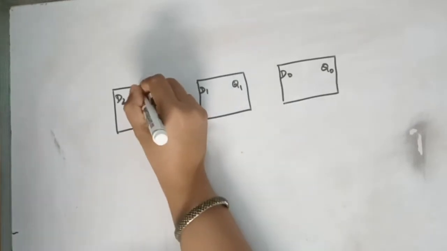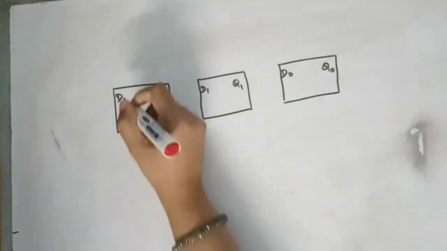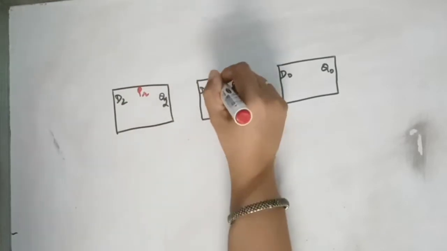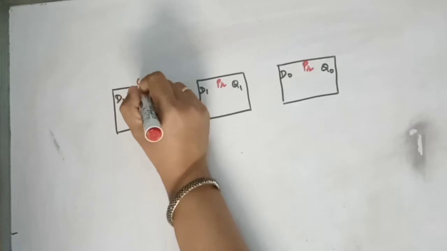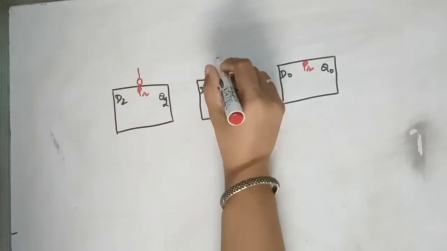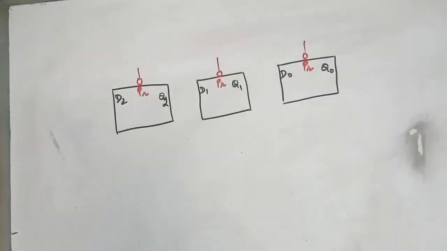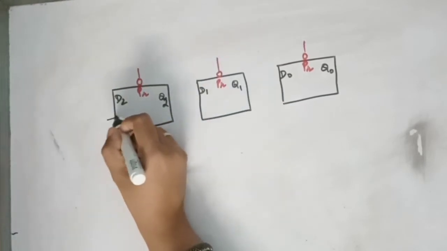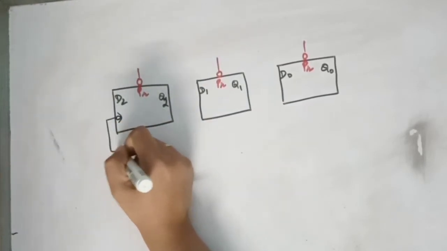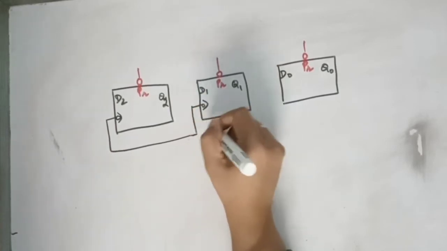So this is our preset. We have a preset for each flip-flop, and if we give 0 to the preset, we get a 1 at the Q. And it's a synchronous circuit, so we have all the clocks synchronously connected.